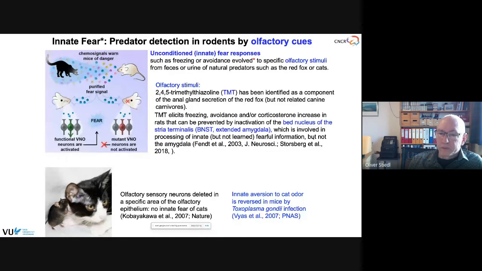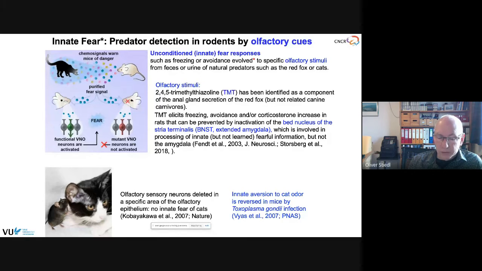And be aware that we know that Toxoplasma gondii infections occur in mice. And if you test these mice that normally have these functional receptors, the innate aversion to the cat odor or cat urine is converted into an attraction. And we know cysts are formed in the amygdala area, but we still don't know how this works.